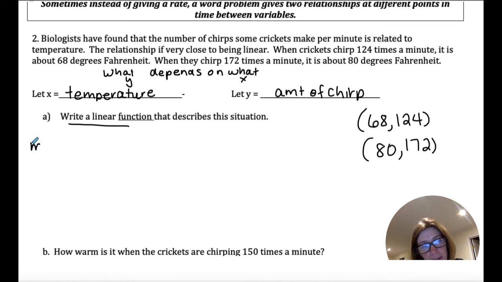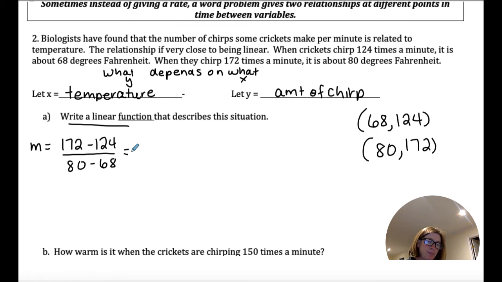So let's see. Gives me 172 minus 124 all over 80 minus 68. So let's see what we got there. All right, so 172 minus 124 is 48. And 80 minus 68 is 12.